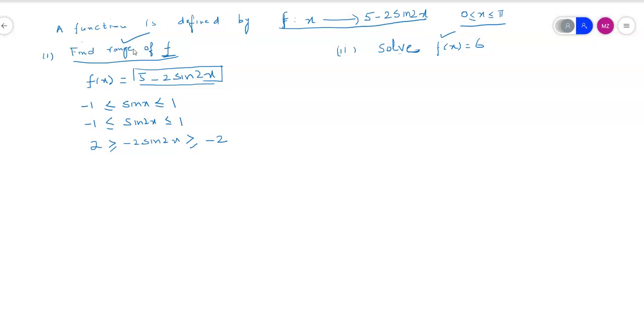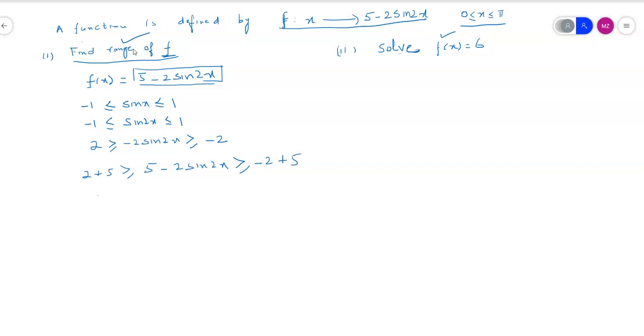Now you have this expression, minus 2 sine of 2x. Since we need to convert this into 5 minus 2 sine of 2x, you need to add 5 everywhere. So this will become 2 plus 5 is greater than or equal to 5 minus 2 sine of 2x, and greater than or equal to minus 2 plus 5.